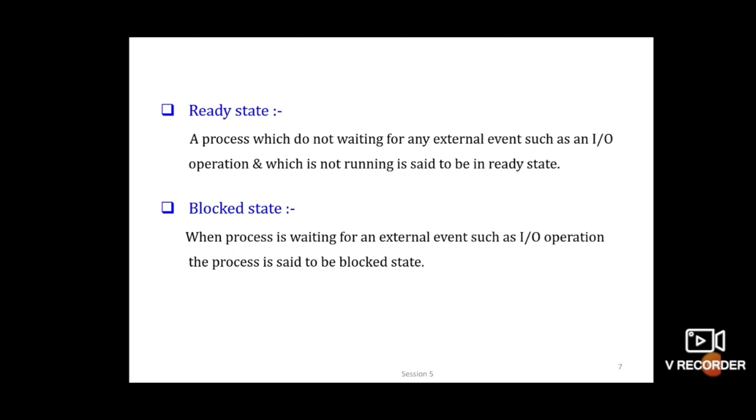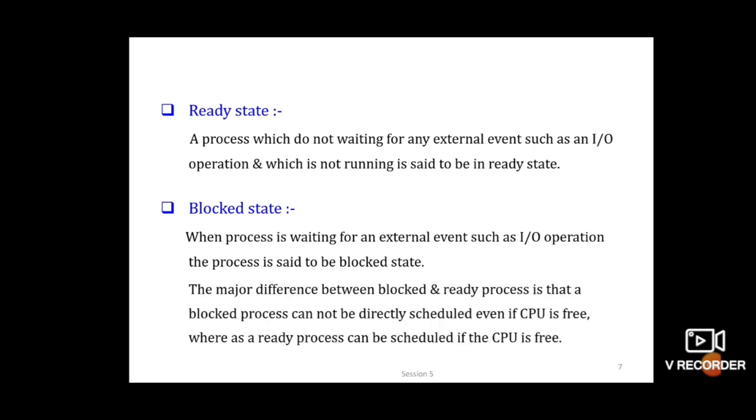In this state the process is not completed. Input output working means the process does not have any data. That process is called blocked.